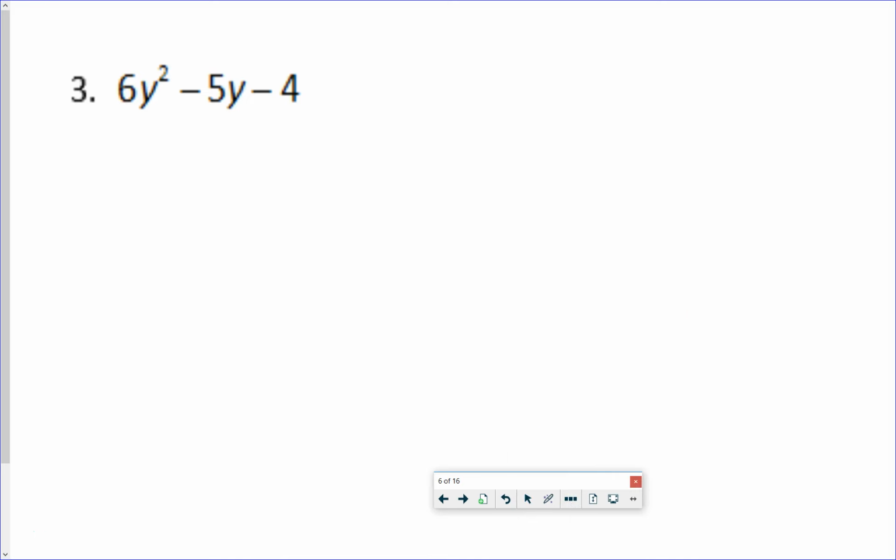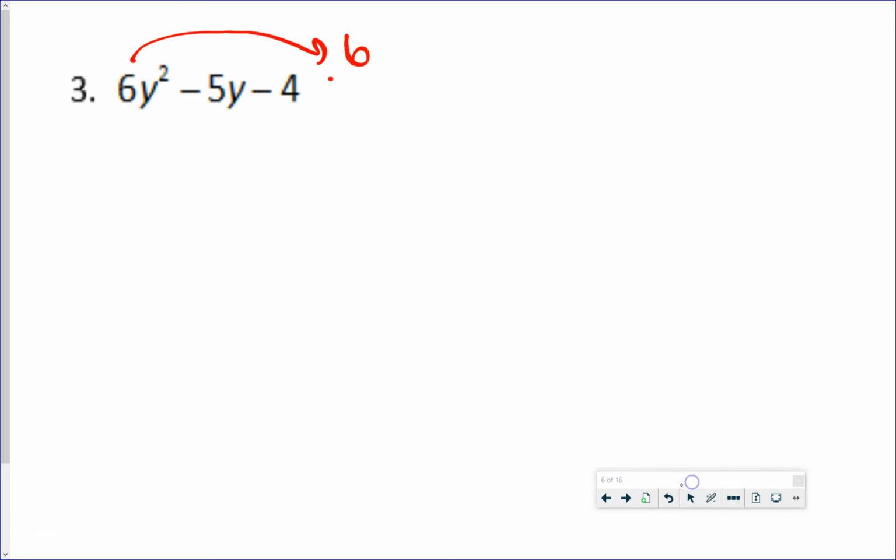Number 3. What do we need to look for first? Do we have a GCF? No. So what am I going to do? Slip my 6 to the other side. So what is my new trinomial? Y squared minus 5y minus 24.